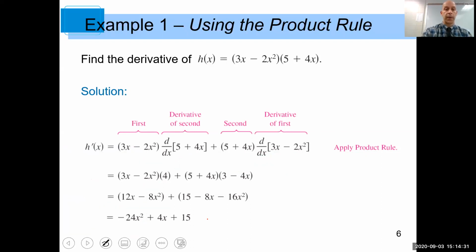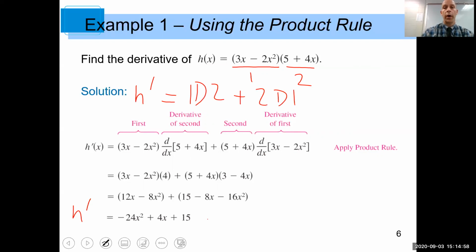This is h prime. Now, here's a little tip if you think it will be hard to remember the rule. I tell my students, if this is 1 and this is 2, meaning the first term times the second term in a product, then the derivative, h prime, is 1d2 plus 2d1.